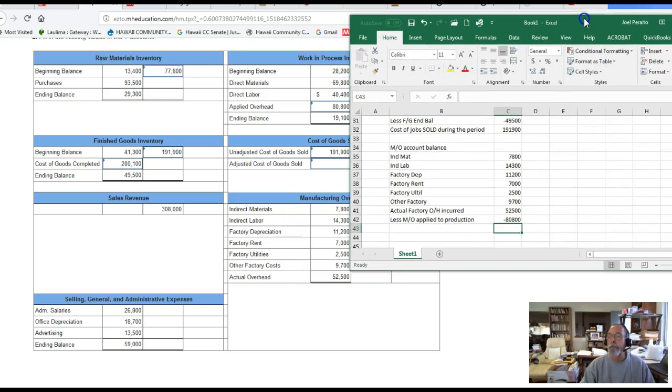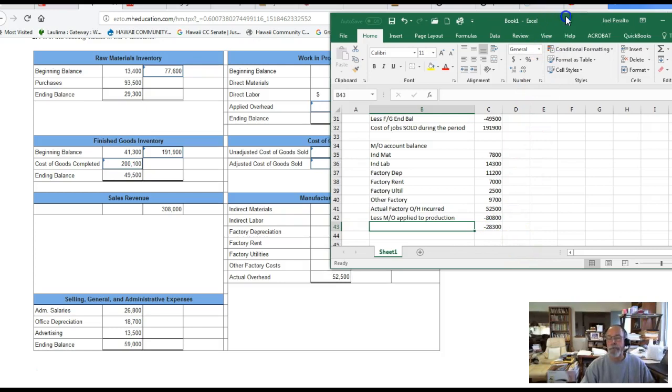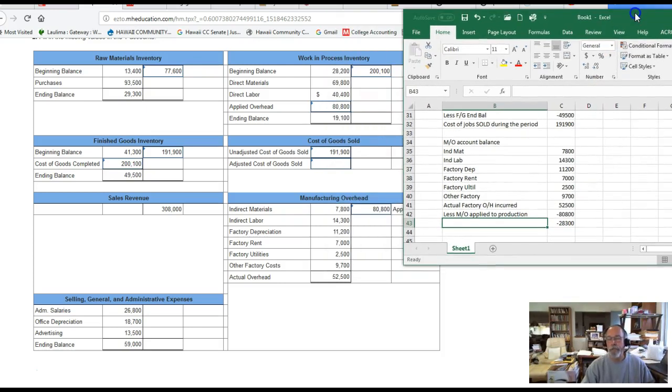And so if we take a balance of the account at that point, we see that the balance is a negative amount. Now, this being an overhead account, income statement account, a debit balance account, if it's a negative amount, that means our credit side total is higher than our debit side total. So our actual overhead was 52.5, and we applied 80,800.